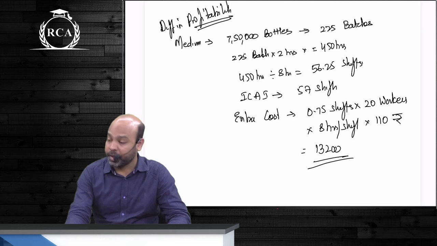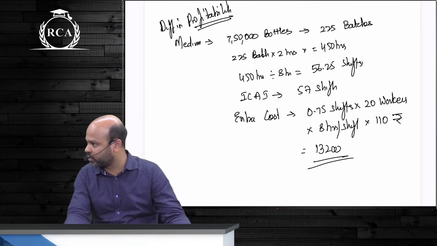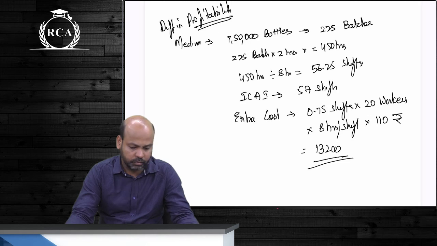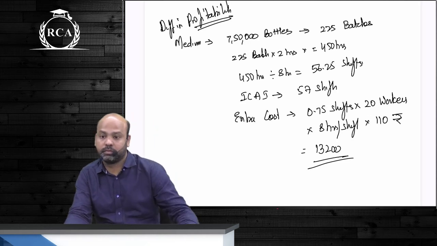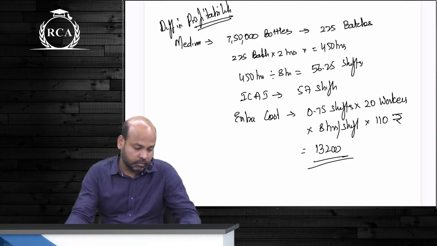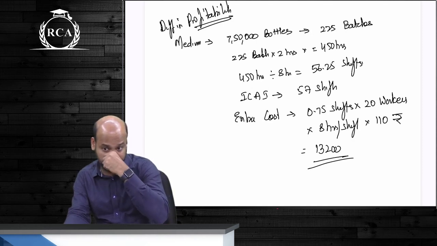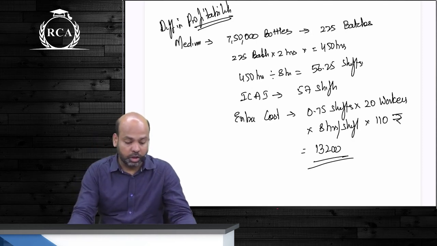If you want to copy difference in profitability, beta, this is the reason. Are we all clear about this?